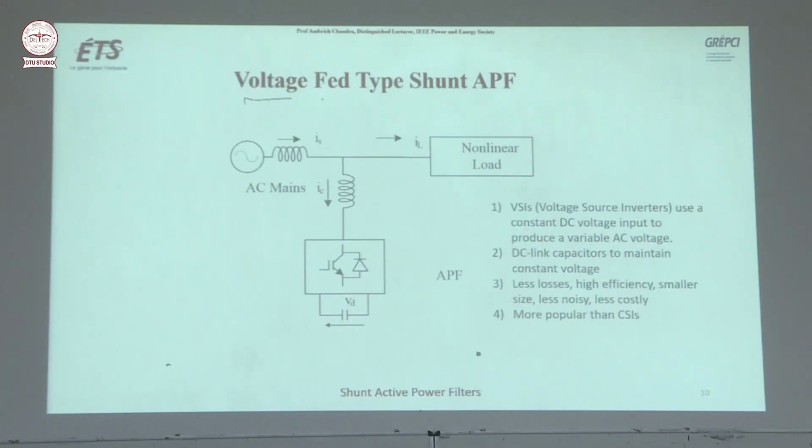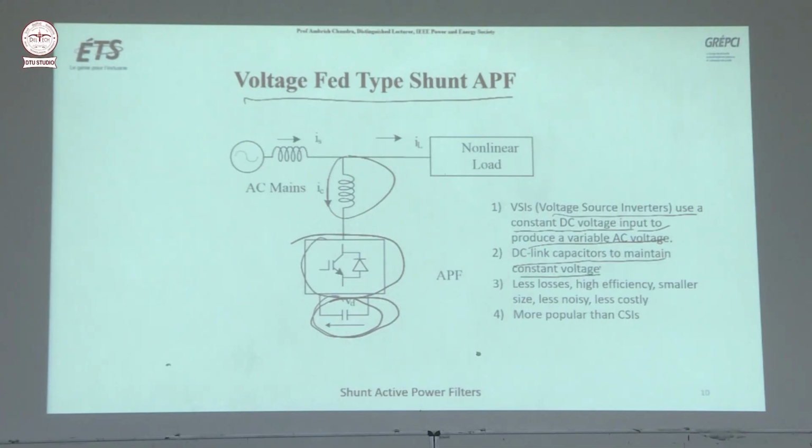Now for the voltage fed type shunt active filter, you have the IGBT configuration like this, you have a diode in parallel and then you have a capacitor on the DC link, right? Voltage source inverters use a constant DC voltage input to produce a variable AC voltage output, with a DC link capacitor to maintain constant voltage.